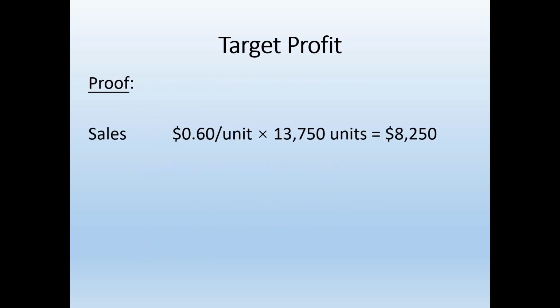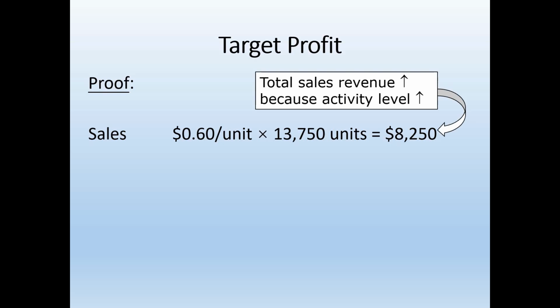At 60 cents per unit of sales revenue, we can figure out how much total sales revenue the firm would earn. We notice that the total sales revenue increased compared to break even because we sold more units.